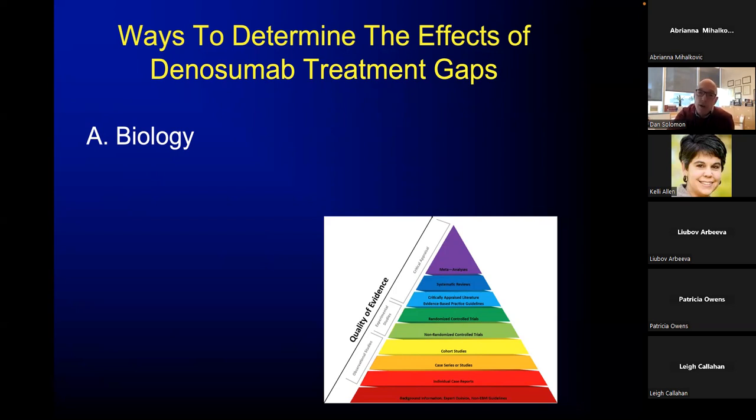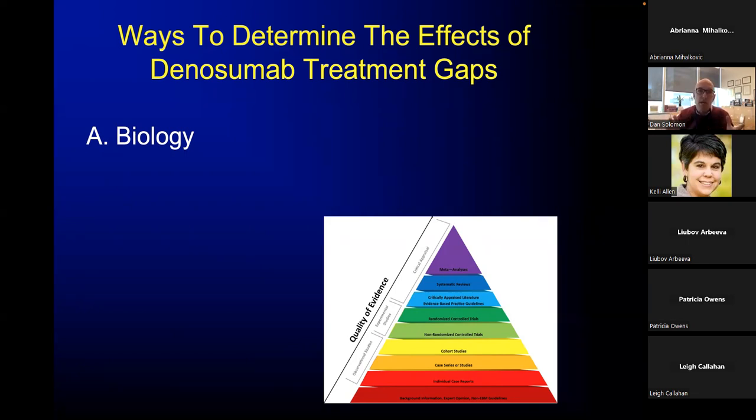We can think about randomized trials and then non-randomized controlled trials. So what we're really in is this non-randomized controlled trial or cohort study with most target trial emulation. And I list here that biology can help us understand treatment gaps, because if you go to the osteoporosis bone biology literature, you'll see all these hand-waving experiments with denosumab, stopping it, what happens to the osteoblast, the osteoclast, and bone quality.